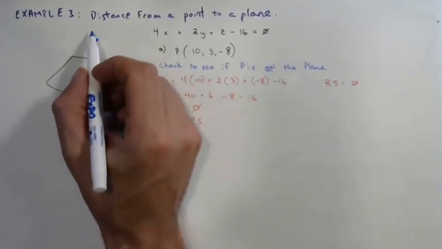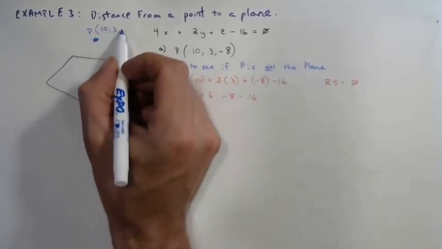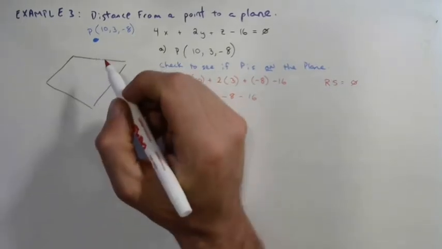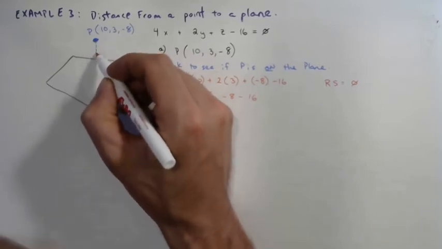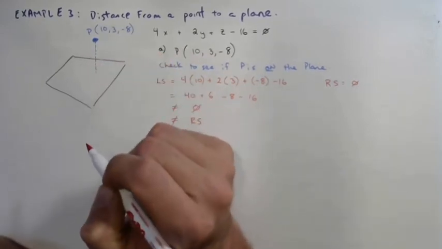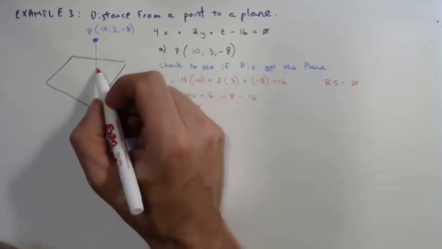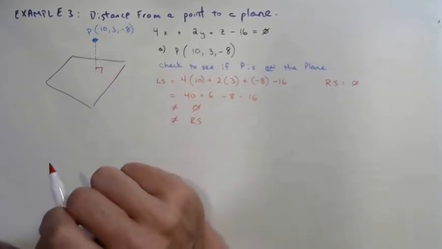Okay, maybe it's here. We've got the point (10, 3, -8). I don't know how this point and this plane interact, but this is a generic drawing that will help us understand it a little bit. Now we can be certain that there is a vector that will get us from the plane to point P. Now, what type of vector is that going to be? Well, it's going to be parallel to the plane.